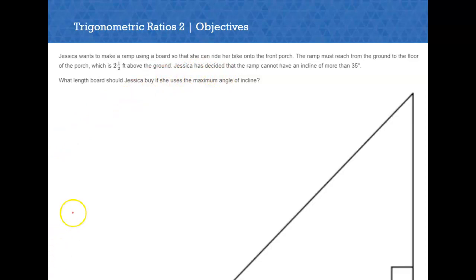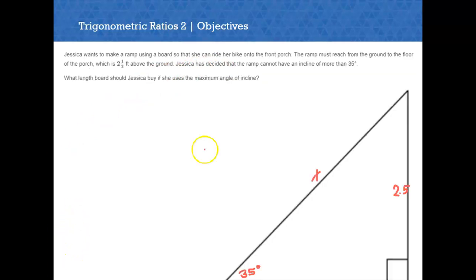Well, first, let's grab a 90-degree angle. So I've gone ahead and filled in all of the information. I'm looking to find the size of the ramp. I have that it's above the ground by 2.5, right? And I have a 35-degree angle. So I'm looking for the hypotenuse, and I have the opposite.